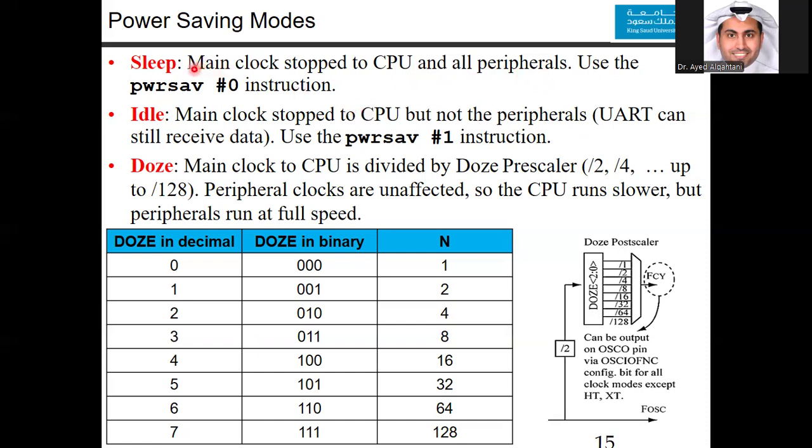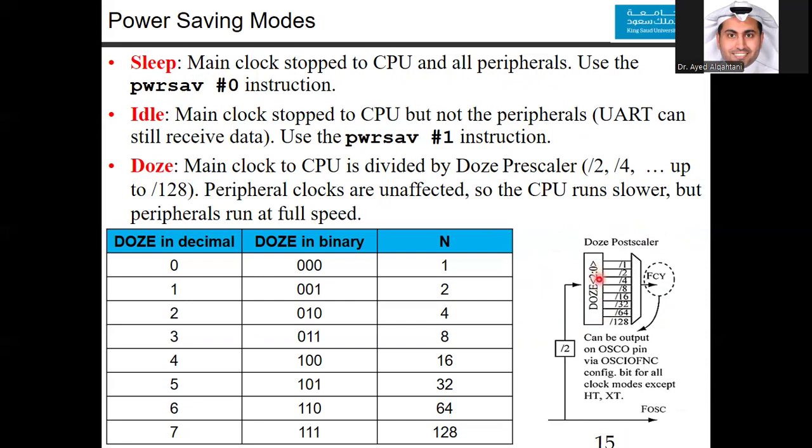Okay. For the doze mode, we've seen the oscillator block diagram. And at the end, we said that there is a doze mode specified by one of the special function registers of the oscillator, which is the oscillator control register. We have a field called DOZE. It has 3 bits, from 0 to 2.